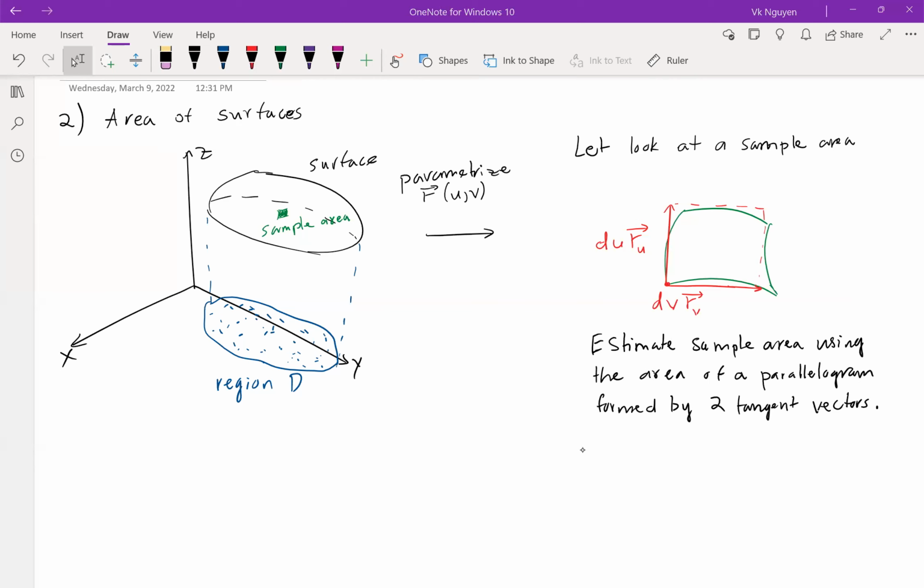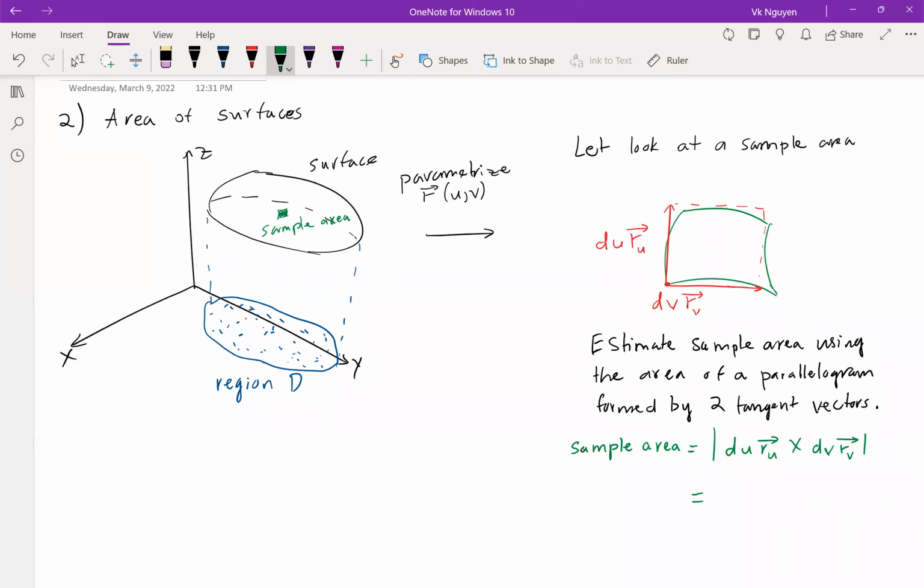So that's it. So from here we see that the sample area is the magnitude of r_u of u cross r_v of v. Right.